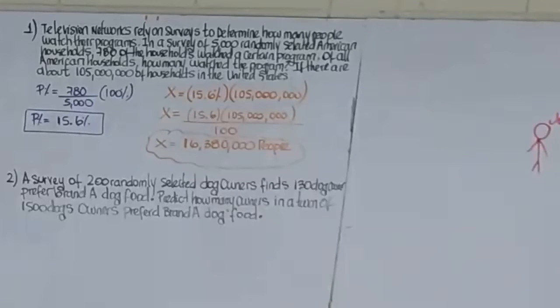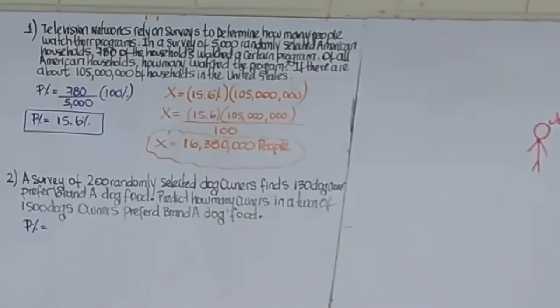Step number one, we're going to find the percentage of the prediction, the P%. Remember, we must divide the sample by the random people, the population in the survey.